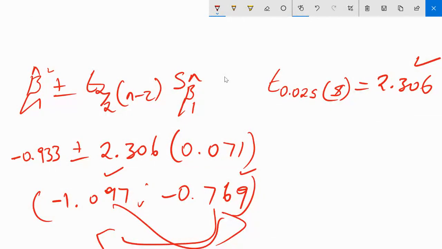If you have the upper limit on the lower and the lower on the upper, then you have mixed things, so it's wrong. Minus 1.097 is not greater than negative 0.769. So if you have a situation like this, please use a number line, then you will see.